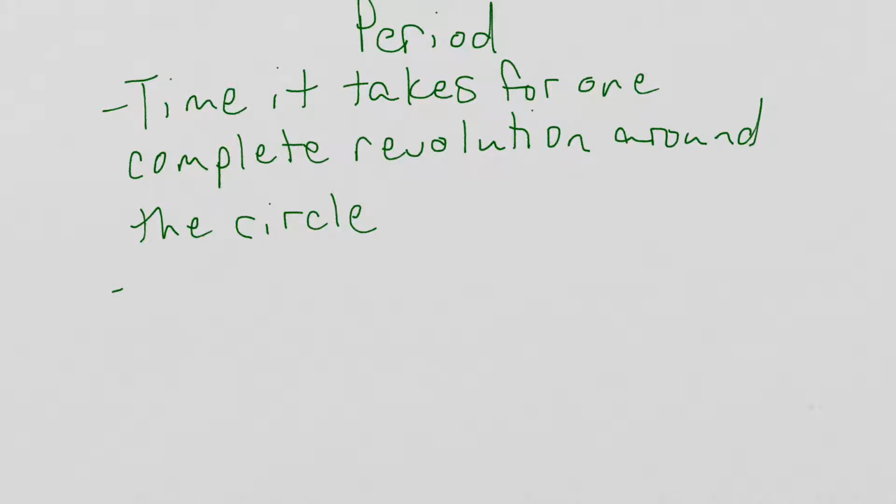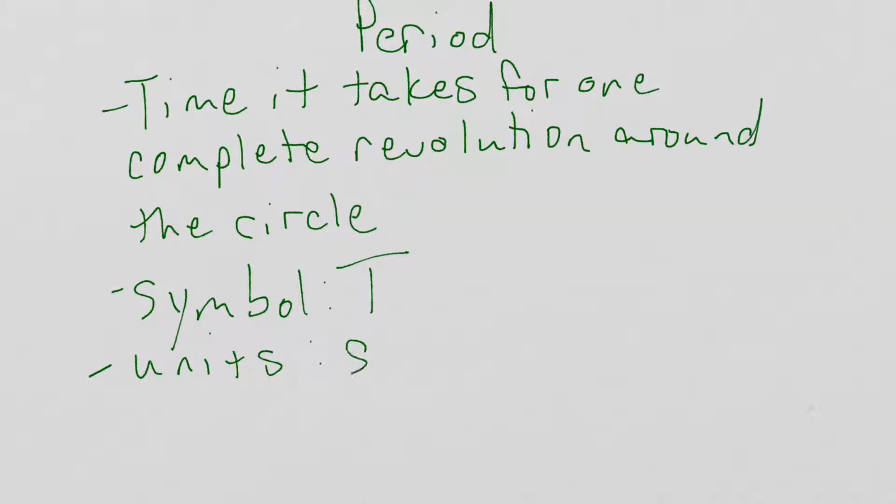The period is the time it takes for one complete revolution around the circle. Its symbol is a capital T, and its units are seconds, and it's, again, the time for one cycle.